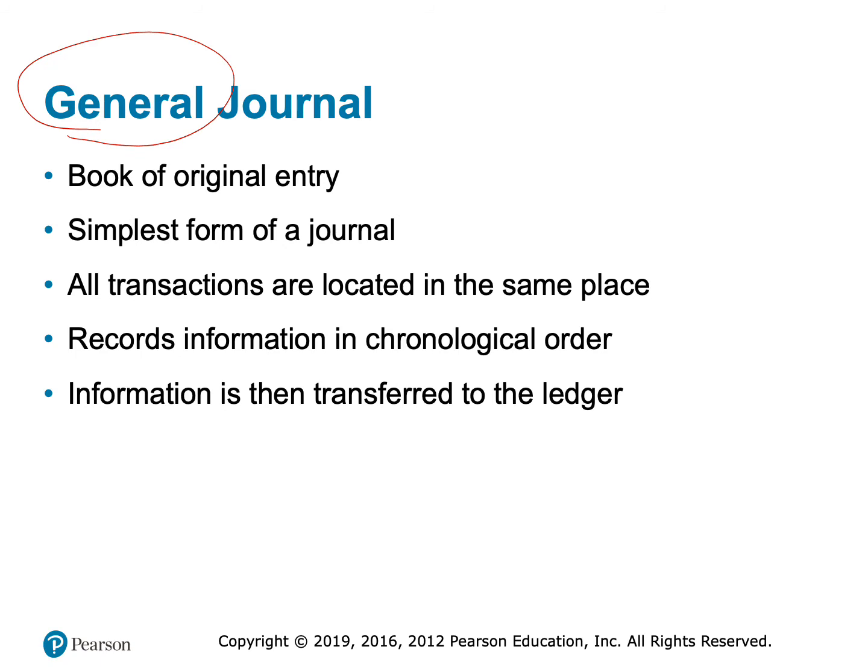Those transactions that we learned to analyze in Chapter 2, we're going to write them out in a semi-sentence format here in the general journal. We're going to list them in chronological or date order. And then once we've got them in the journal, we will transfer them, or post them is the actual verb that we use here. We say we post them to the ledger.